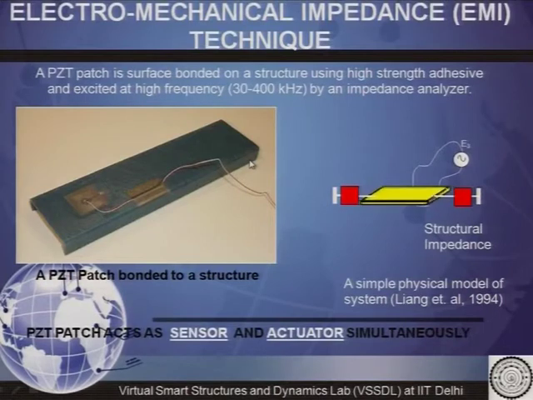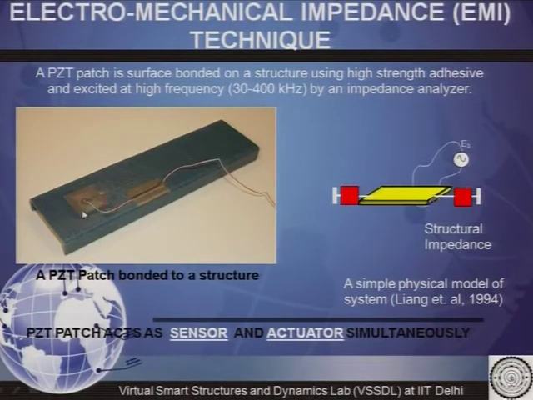In this technique we choose a subset of frequencies from this range, and for the first frequency, F1, among that subset, a sine wave signal is generated by the LCR meter and then transferred to this PZT patch. In this first stage of the EMI technique, the PZT patch acts as an actuator.